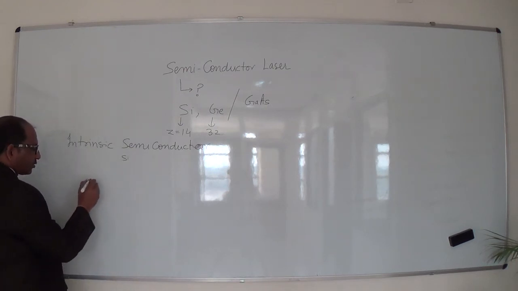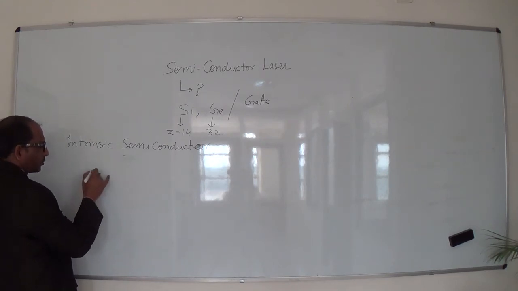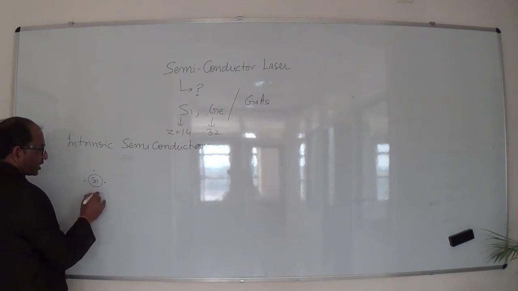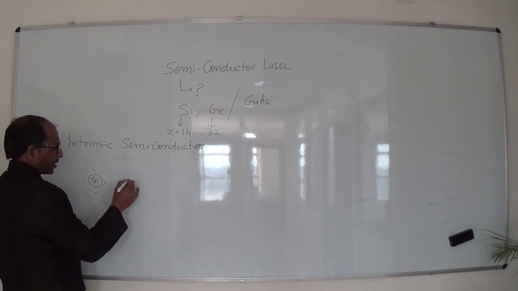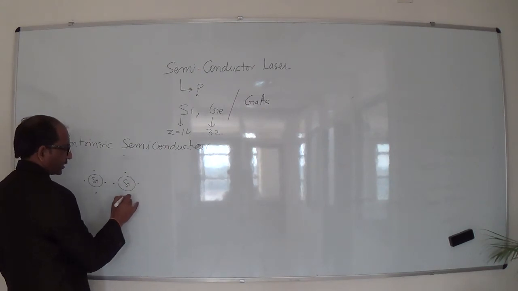The basic structure of silicon has 4 electrons in the outermost orbit. These 4 electrons make covalent bonds with the neighbor silicon atoms.